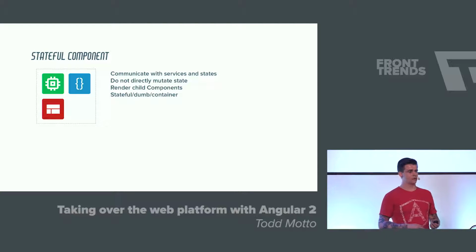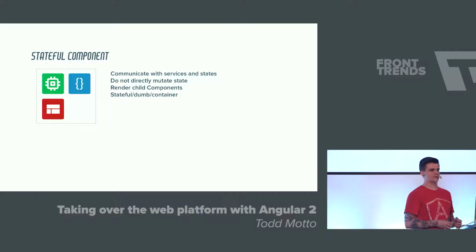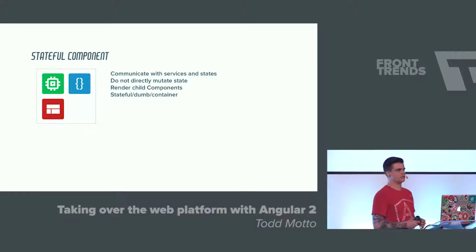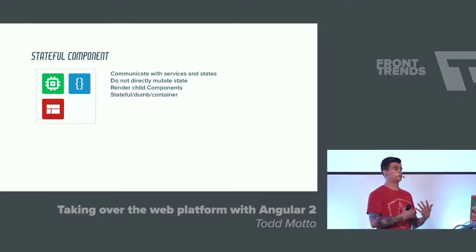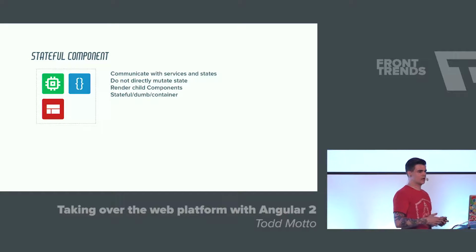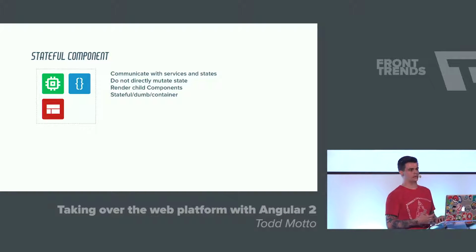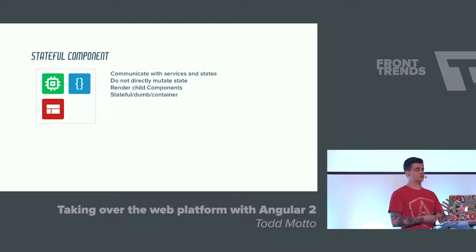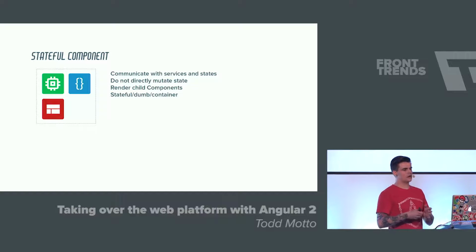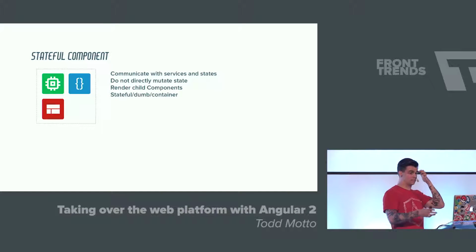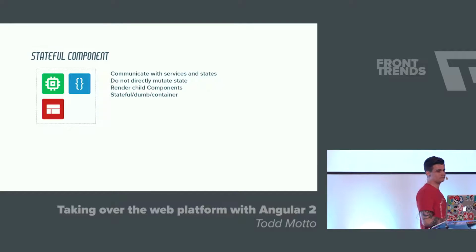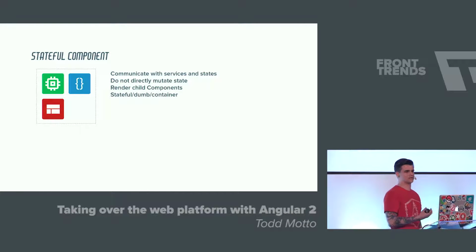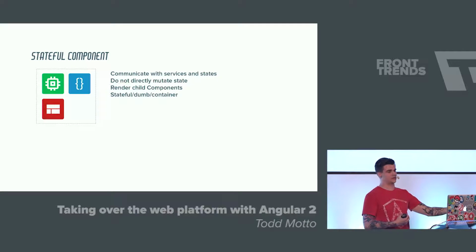Whereas a stateful component communicates with services and state. It could be quite similar in the sense it has a template, and it has other things that might look like a stateless template component. However, a stateful component doesn't directly mutate the state. If you have a backend, and I put a little red box here if you compare it with the previous one, the red box is our service, the backend, which goes and fetches some data.